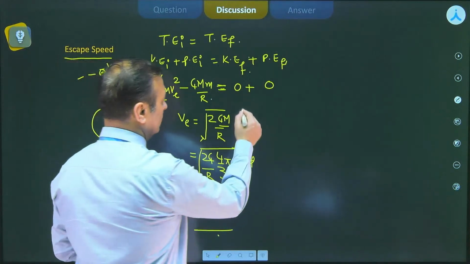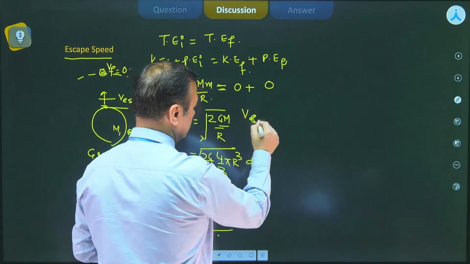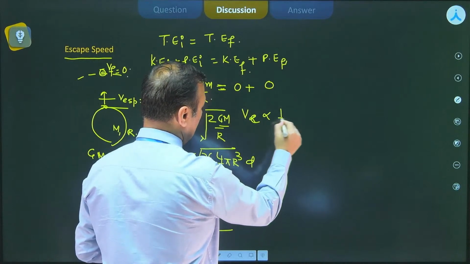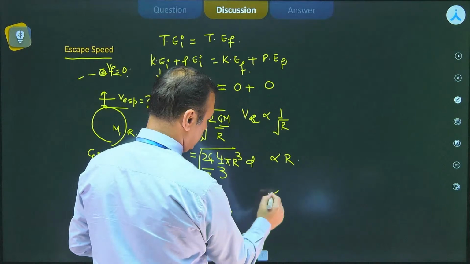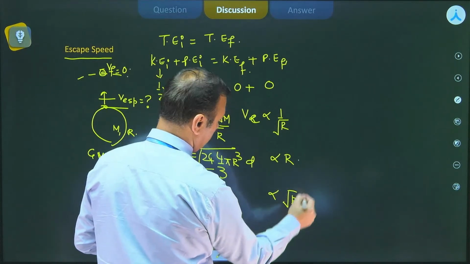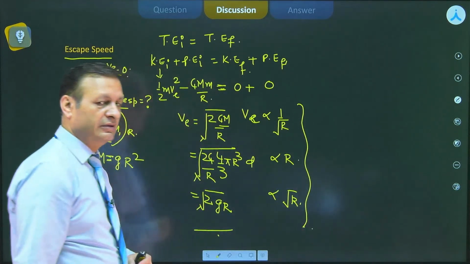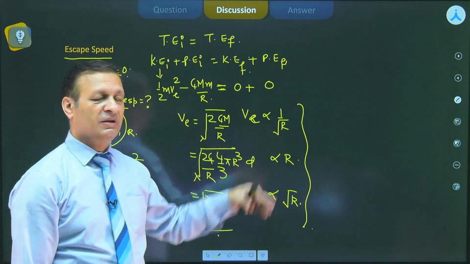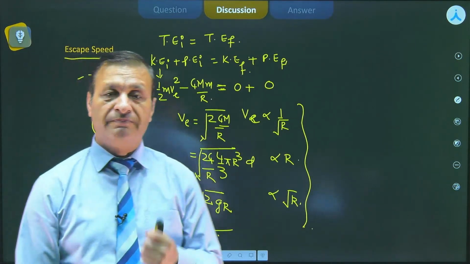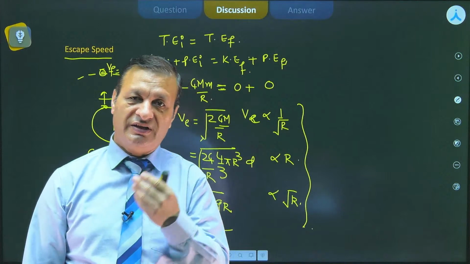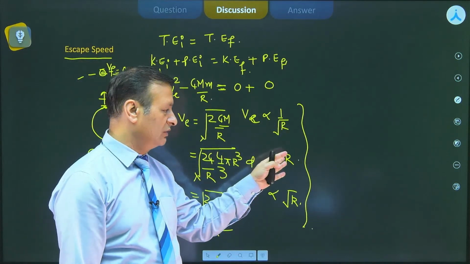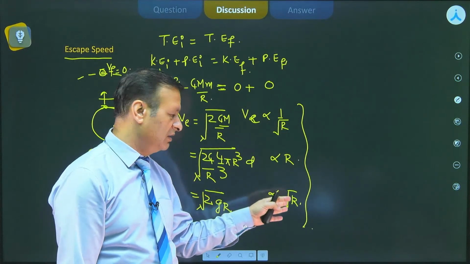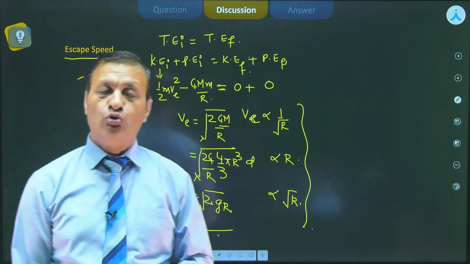And when you look at this, escape speed is inversely proportional to root r here. Here it is directly proportional to r. Here it is directly proportional to root of r. So that does not mean that whenever it is given that the radius or the size is doubled, one person can answer it as 1 by root 2, the other person says it becomes double, the other says it becomes root 2.